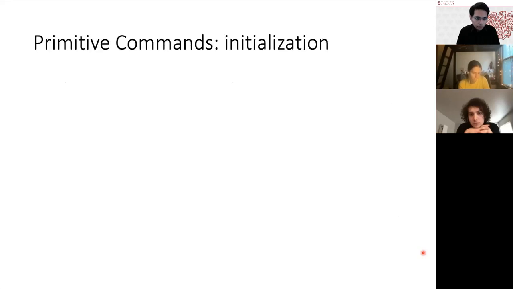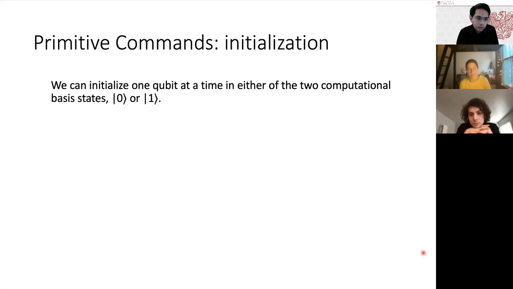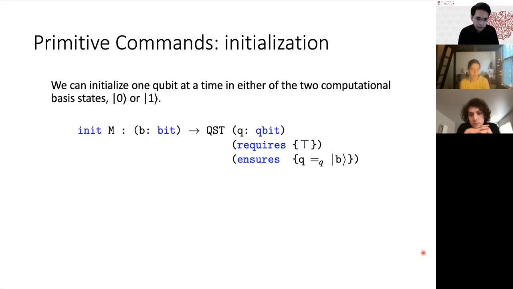So let's look at our first primitive command, called initialization, where in our restricted language we can only initialize a qubit at a time in only the basis state 0 or 1. Here is a Hoare type for the init_m command, which is a function that takes a bit b and returns a qubit q. I've annotated it with its effect type QST, as we've discussed before.